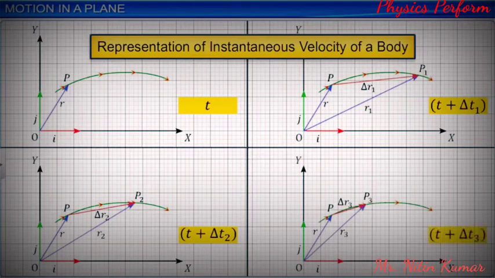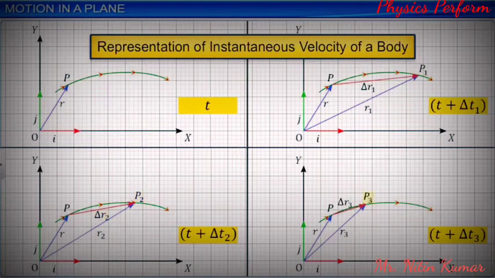The position vectors of these various points are: P is r, P1 is r1, P2 is r2, and P3 is r3. The displacement vectors with respect to point P are: at point P1, its displacement is delta r1. At point P2, its displacement is delta r2. And at point P3, its displacement is delta r3.